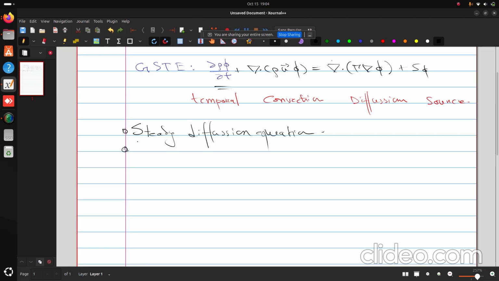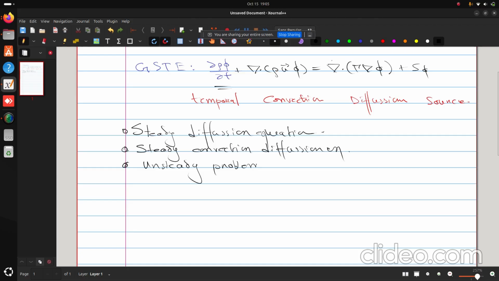Then the steady convection diffusion equation, then unsteady problems, and finally the fluid flow equations or the Navier-Stokes equations, right?